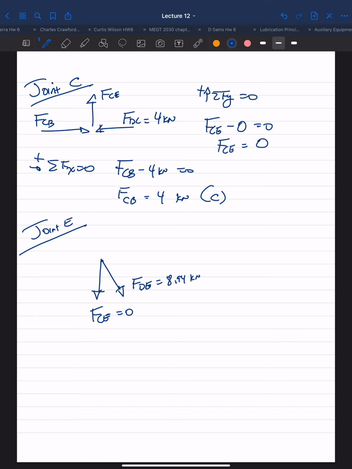You have your FEB, and you have your FEF. So we have 2 knowns, 2 unknowns we can solve. FEF, FEB are unknown. FCE and FDE are known. So let's start in the y direction.